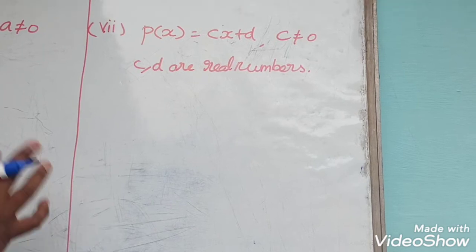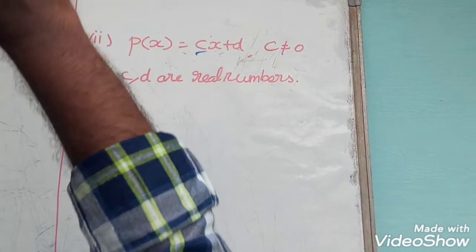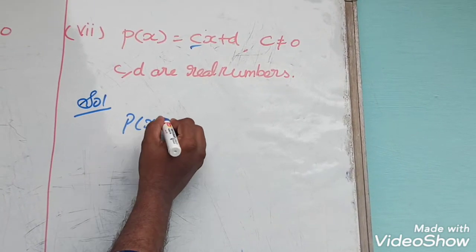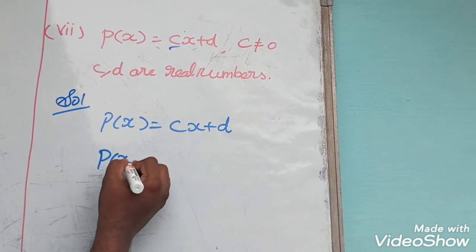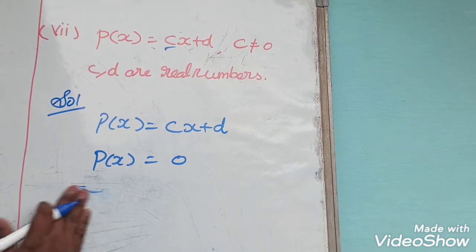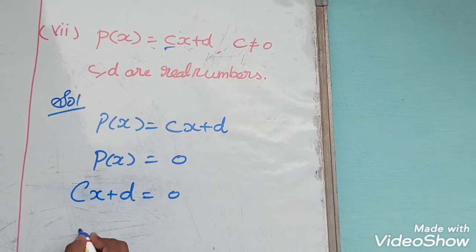Here cx plus d. C and d are real numbers. Here c cannot be equal to 0. So solution. P of x equal to cx plus d. So this P of x, we set the value 0. So cx plus d equal to 0.